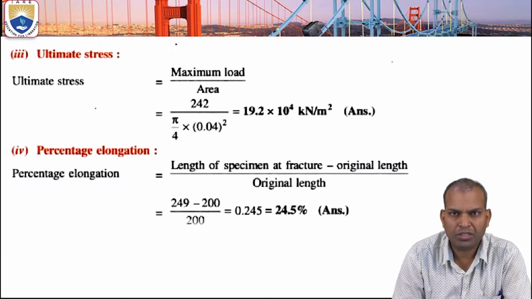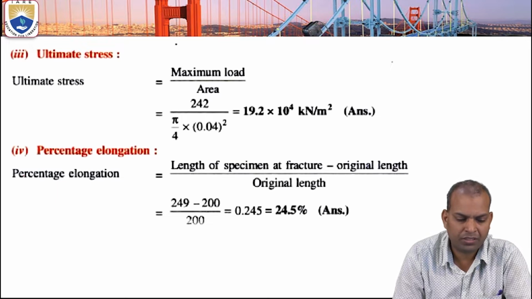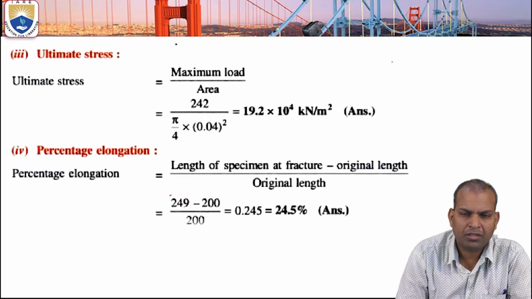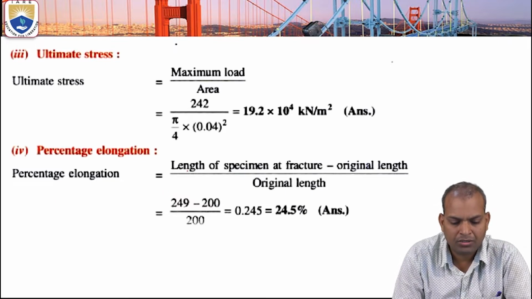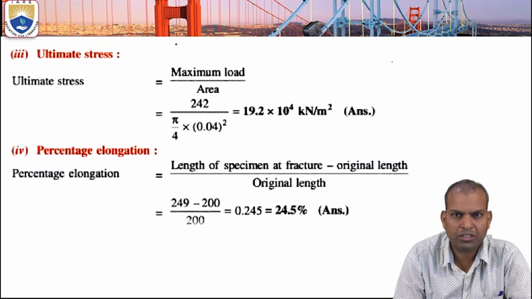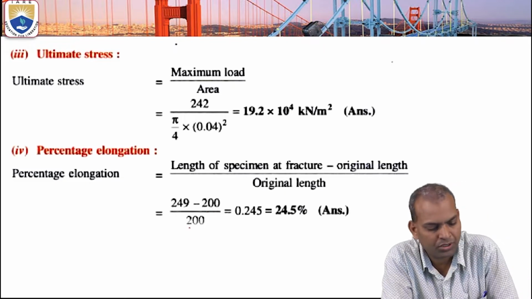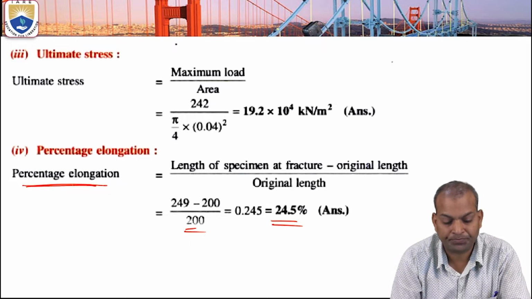So these four objectives can be calculated by using these formulas. And finally, percentage of elongation means length of the specimen at fracture minus original length upon original length. The length of the specimen at fracture is 249 millimeters and the original length is 200 millimeters, so this is 24.5%, that is the percentage of elongation.